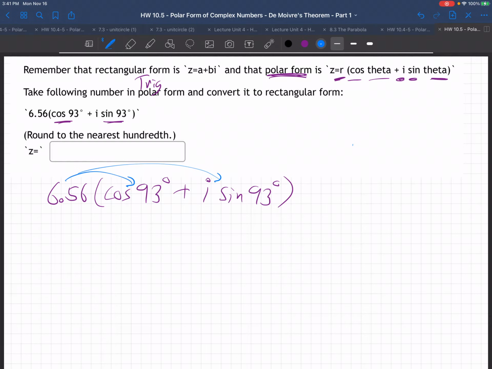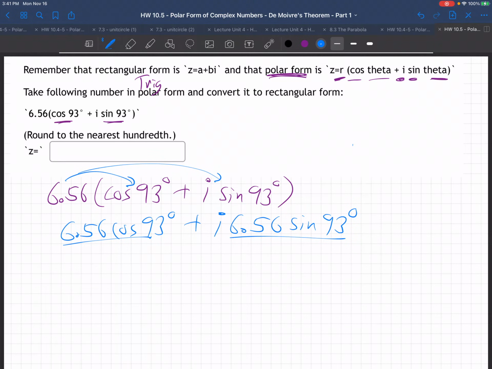You just distribute 6.56 cosine 93 degrees plus i times 6.56 sine 93 degrees, and just hit the buttons on your calculator. Make sure you're in degree mode, because this is degrees, right, not radians.